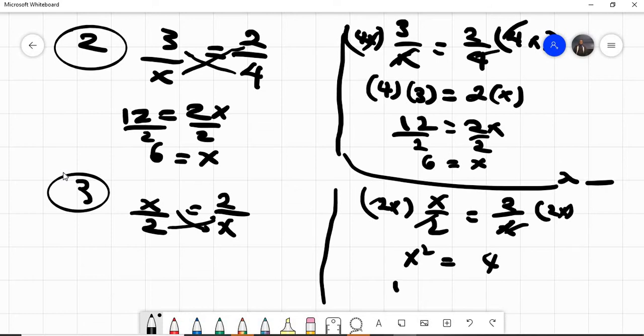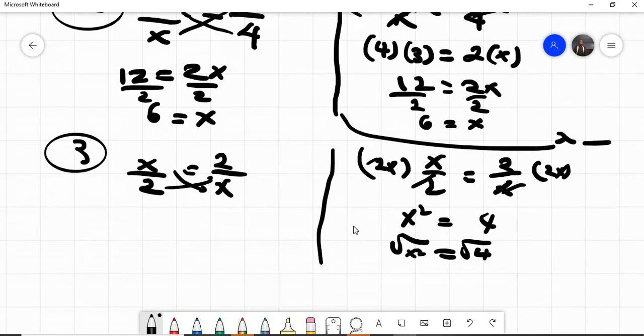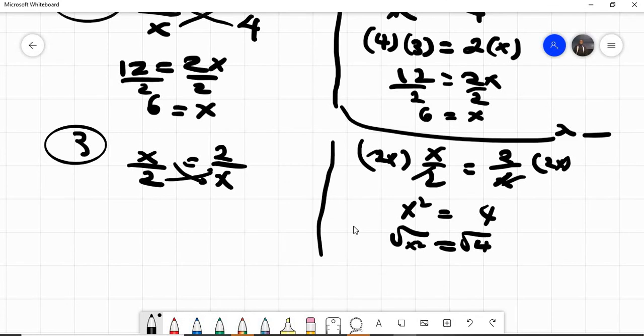And then we have to square root x squared, and square root 4. So x is going to be 2.